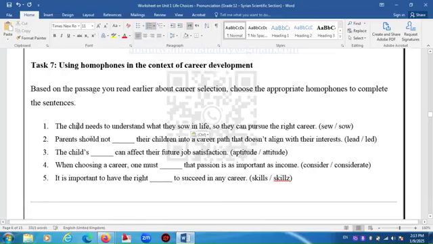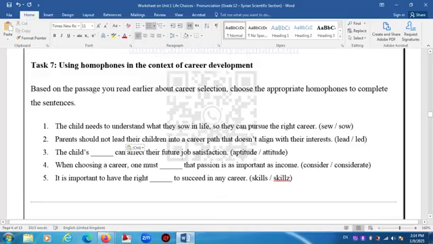Of course, because we have should, we have to put a zero form after it. So lead, you have to put the verb in its present tense, the base form, not the past participle.